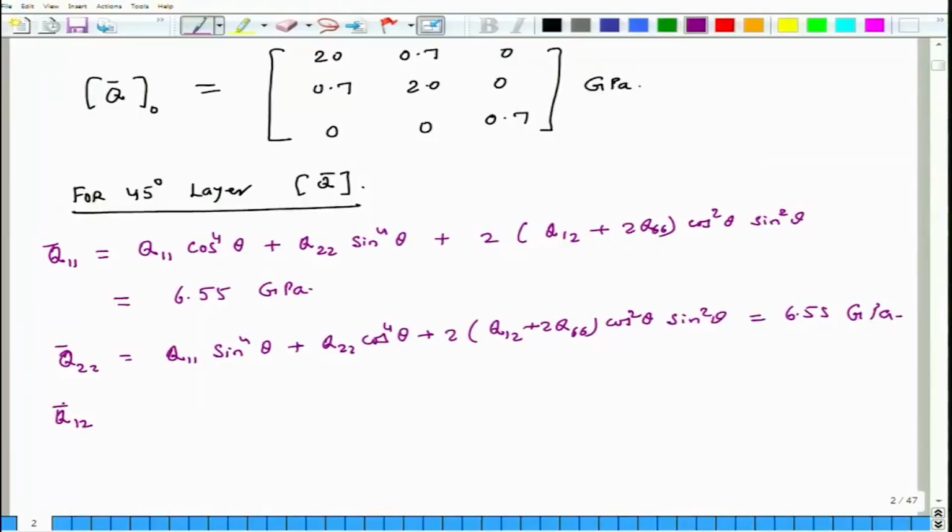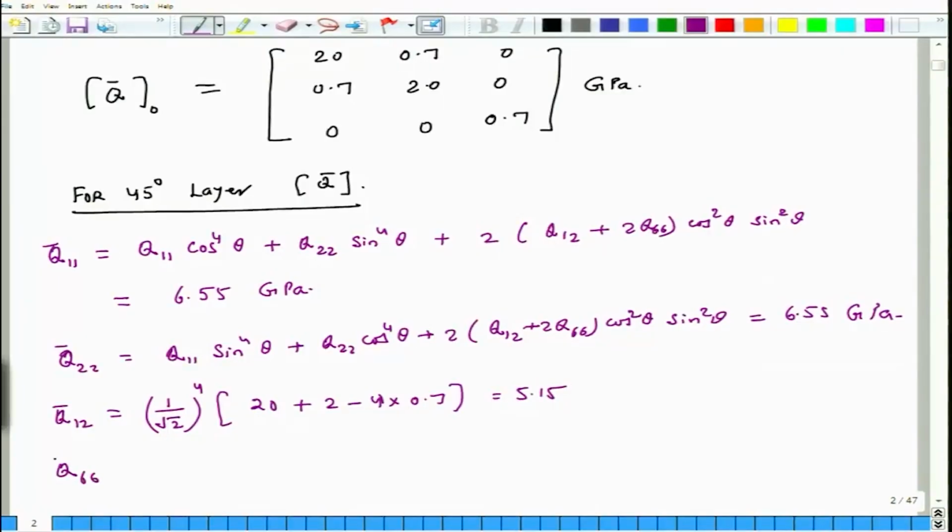We also find out Q12 bar. I am going to directly plug in the numbers. So, this is equal to (1 over square root of 2) to the power of 4 times (20 plus 2 minus 4 into 0.7). So, this works out to be 5.15.